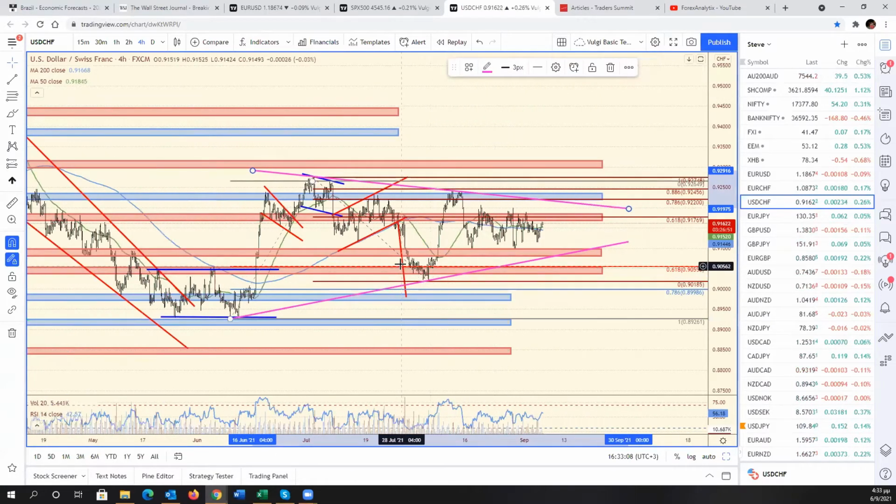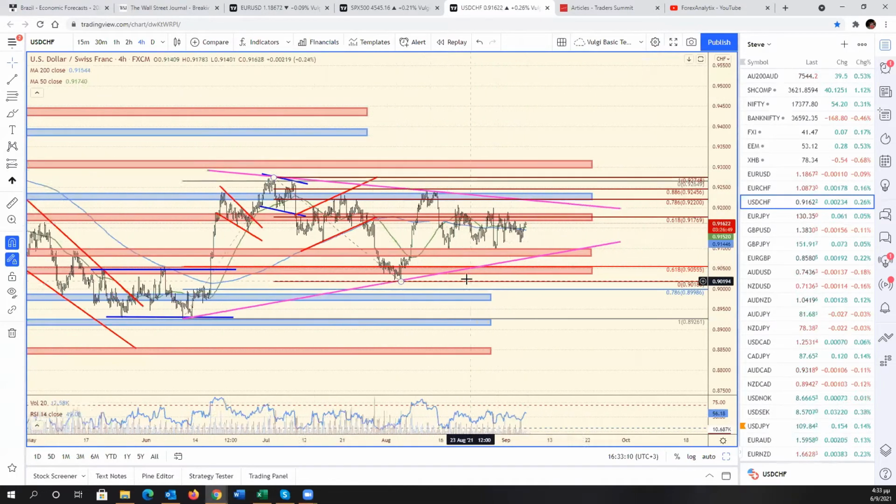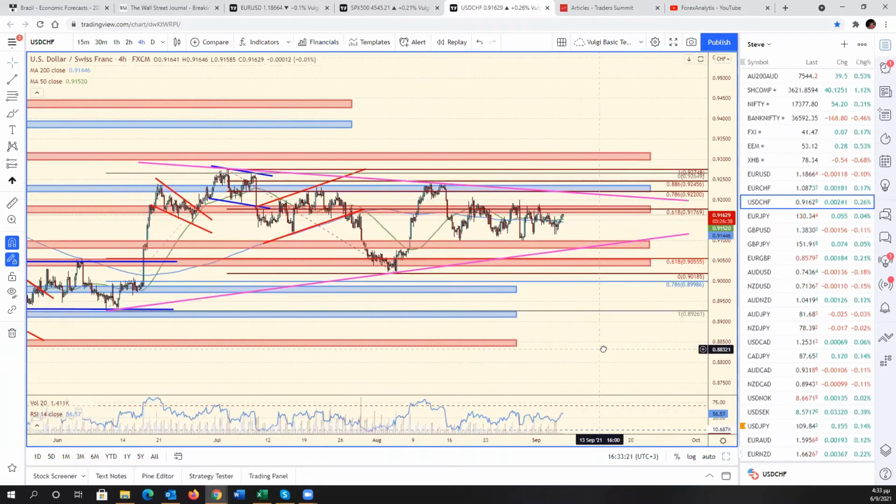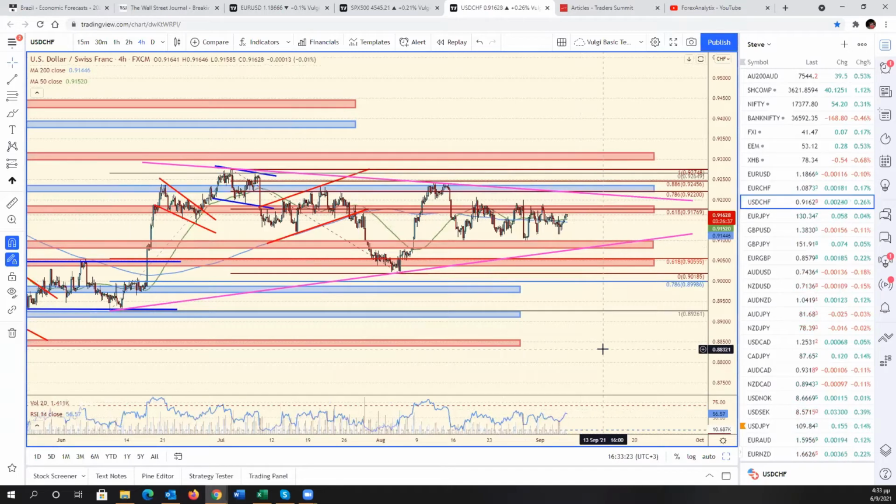Okay, so clearly coiling. I mean, you can see there is no trend at the moment, right? Look at the RSI, even on the 4-hour chart. Hasn't gone anywhere near overbought or oversold levels for quite some time. And we're talking about the 4-hour chart. For the 4-hour chart to hit overbought or oversold levels is very, very easy, right?